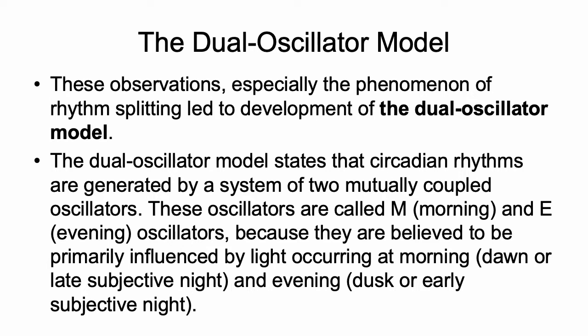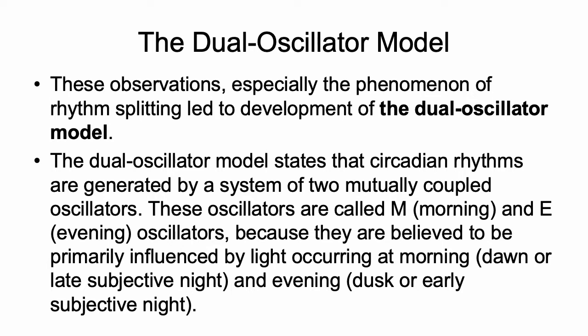And so these observations, especially the phenomenon of splitting, led to the development of the dual oscillator model. The dual oscillator model states that circadian rhythms are generated by a system of two mutually coupled oscillators.